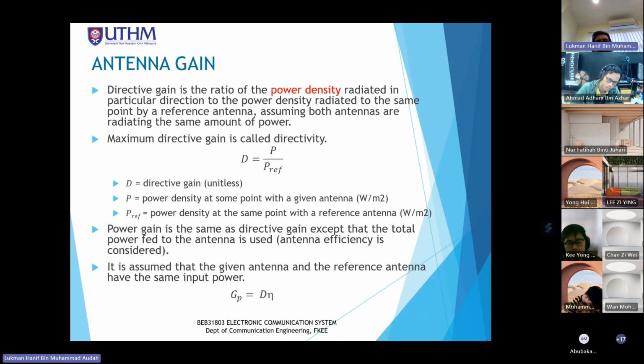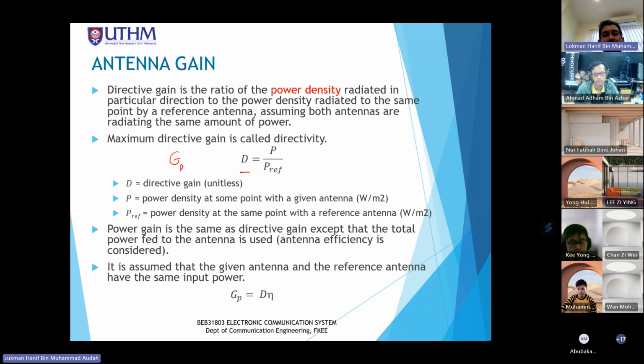And you might wonder what the difference is between the directivity gain and the power gain. Directivity gain is D, or GD. Sometimes in other literature books they use the term GD for directivity gain, so whether you use GD or D is not a problem.